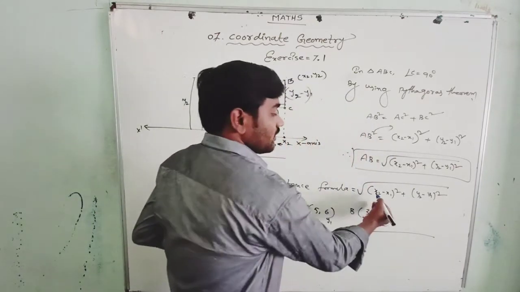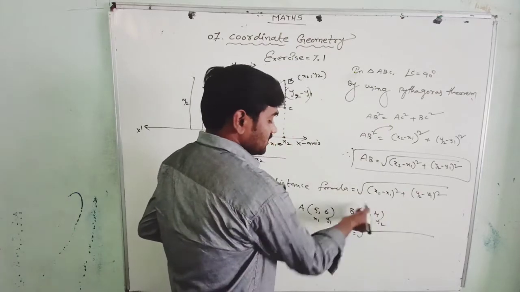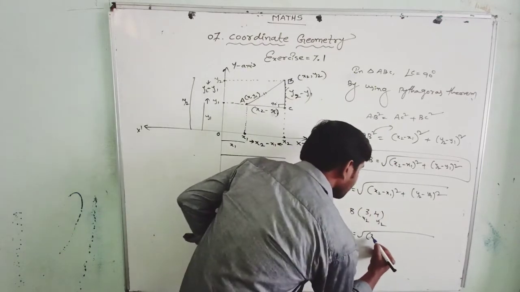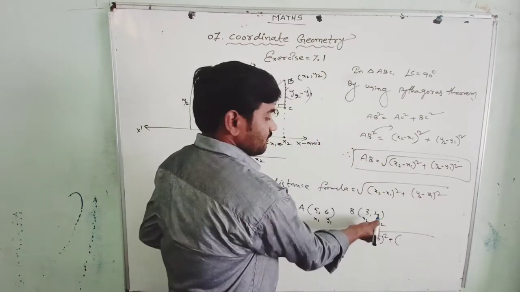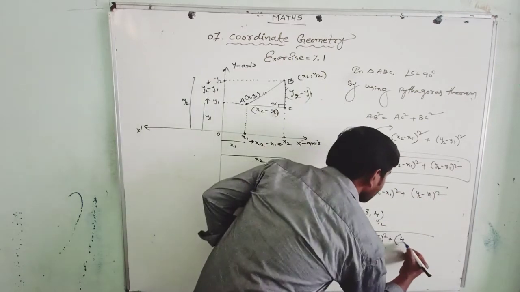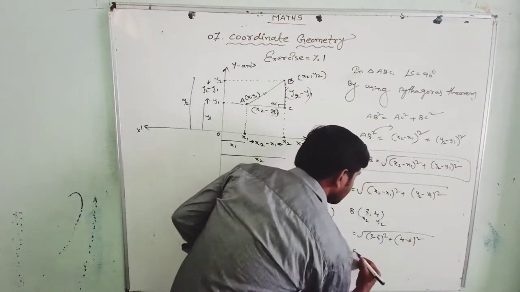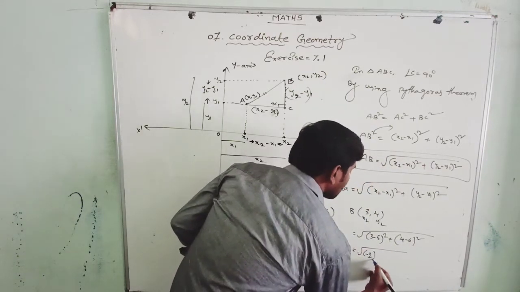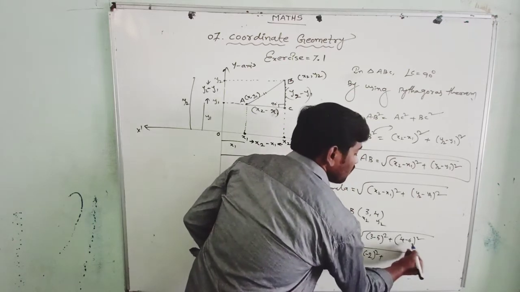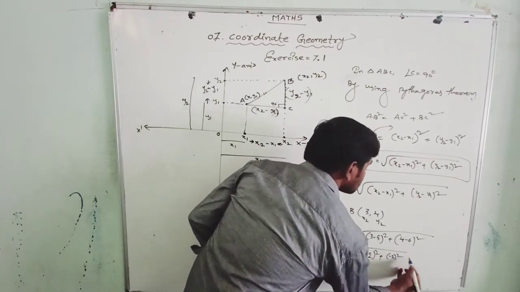Under root of x2 minus x1, that is 3 minus 5, whole square plus y2 minus y1, 4 minus 6, whole square. 3 minus 5 is minus 2, whole square, plus 4 minus 6 that is minus 2 whole square.